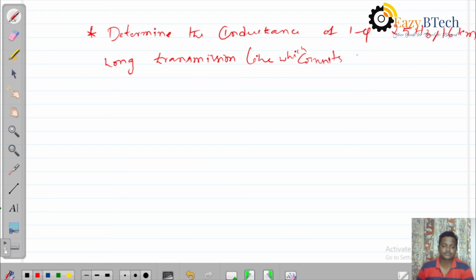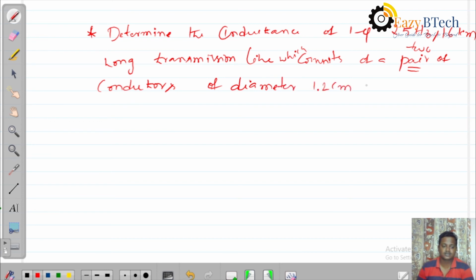Which consists of a pair of conductors. Consists of a pair of conductors means what? Here we have two conductors, a pair of conductors of diameter 1.2 centimeters and spaced, here they gave two cases.